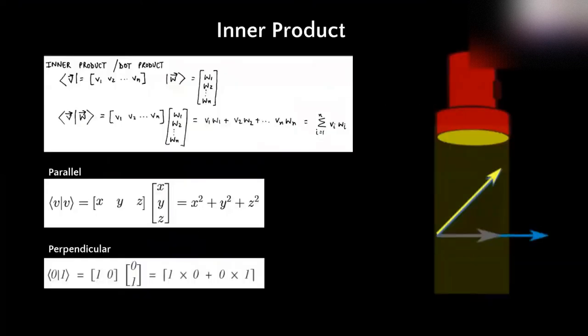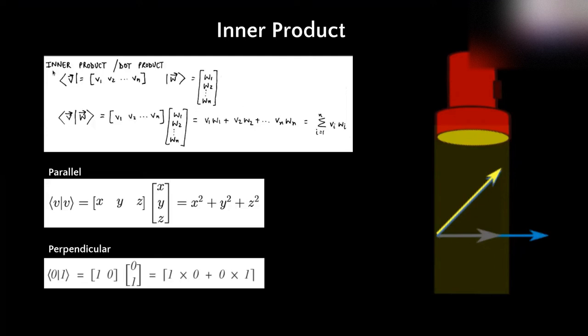Because state vectors are basically like vectors only, we can apply similar concepts of vectors on them, like the inner product. Before going into the math of it, what really is an inner product? If we have two vectors and there is an angle between them, and supposedly we have a light source and we project the light perpendicular to this arrangement, then the shadow of this particular vector on this blue one, basically the projection of the shadow, is the inner product that we get.